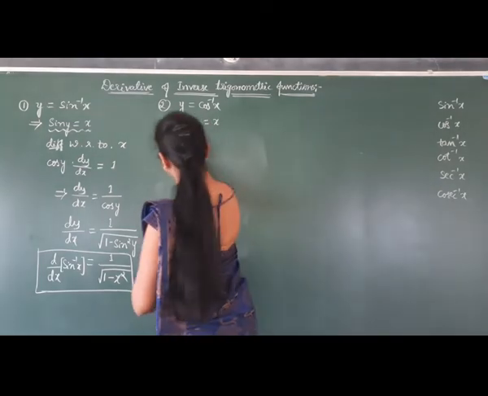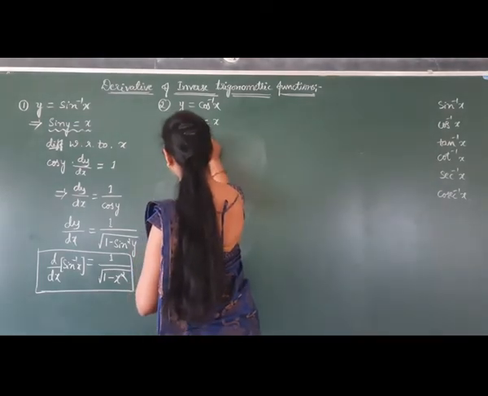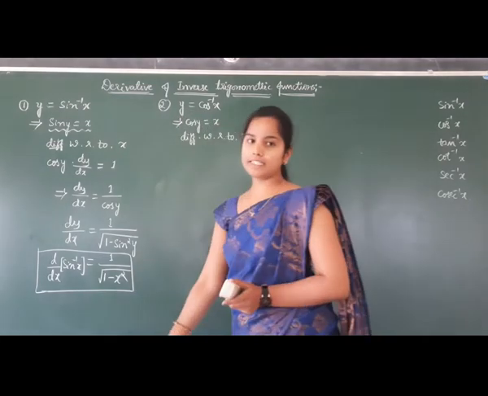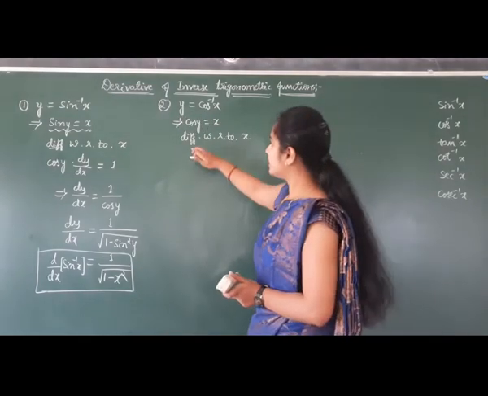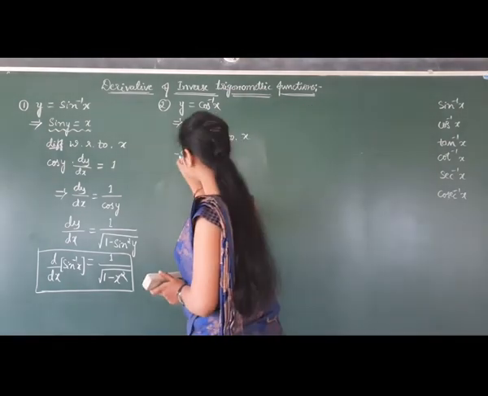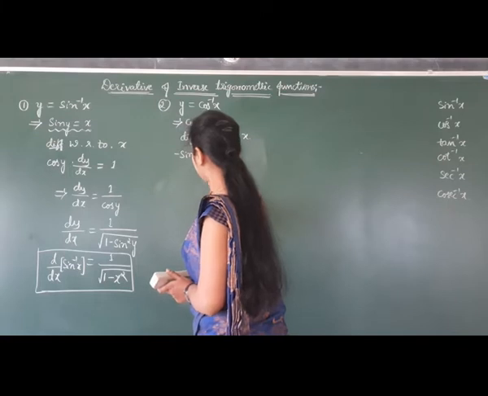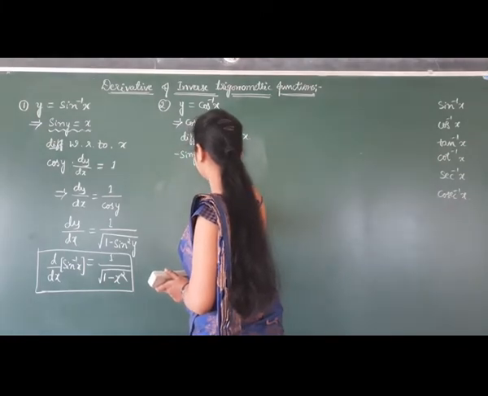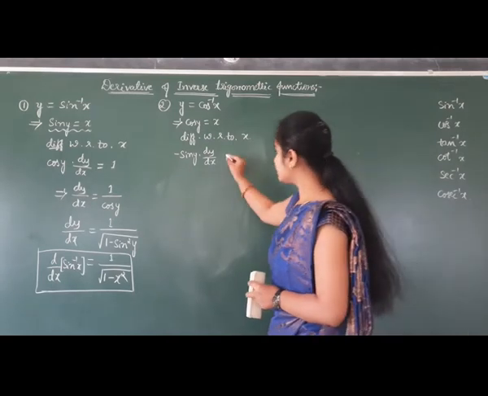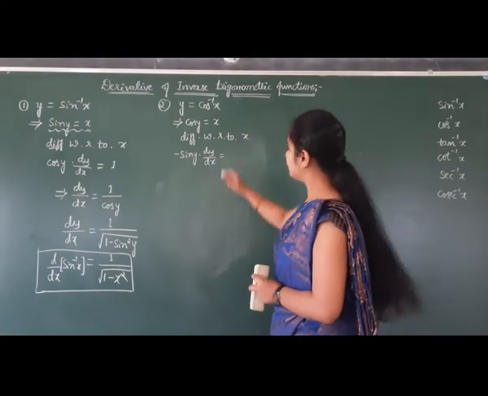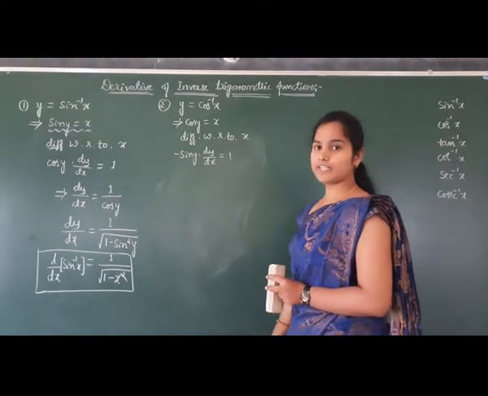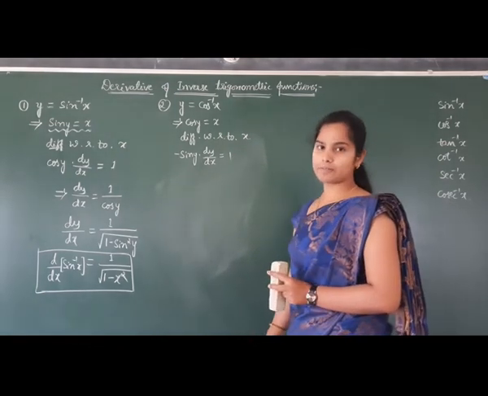So again, I will differentiate this with respect to x. Okay? So derivative of cos y with respect to x is minus sin y into dy by dx. This is equal to derivative of x, which is 1.